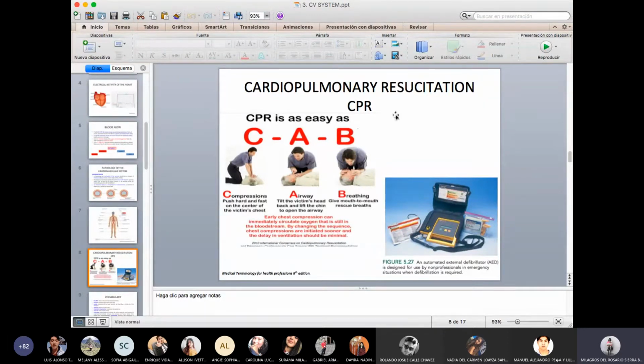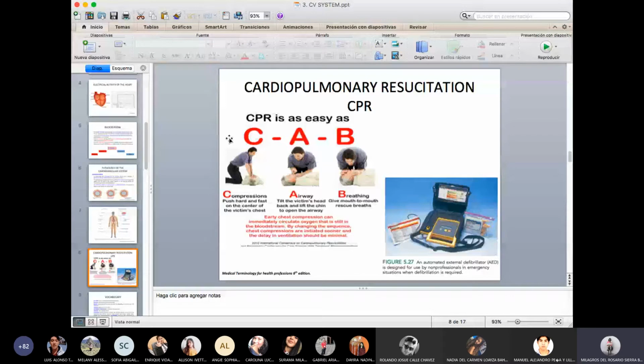So when a patient has a heart attack, when he falls, passes out, you have to do a cardiopulmonary resuscitation. That is called CPR. Before, the algorithm was ABC, because first you had to evaluate the airway, then give rescue breathing, and then compression. But since 2015, what you prioritize in the CPR is the chest compression.